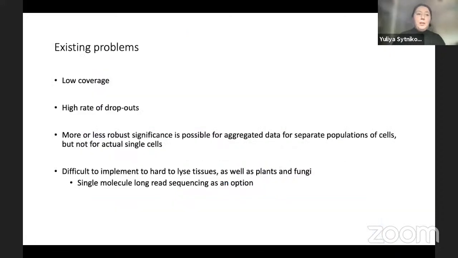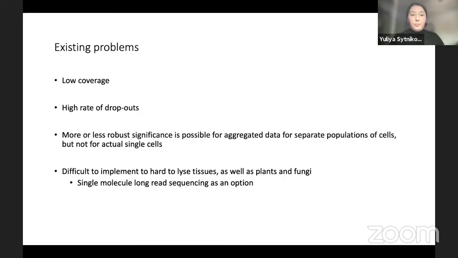However, there are still limitations in single cell profiling methods. Of course, coverage is still low for most of the methods, especially methods based on DNA rather than on RNA profiling. A lot of reads drop out, so you don't have complete coverage for each cell.